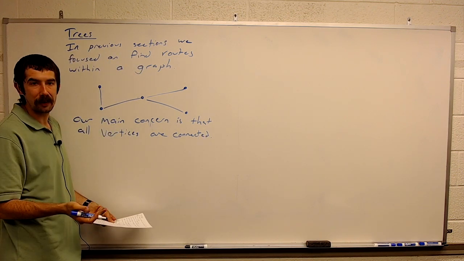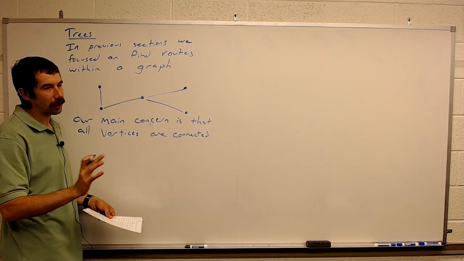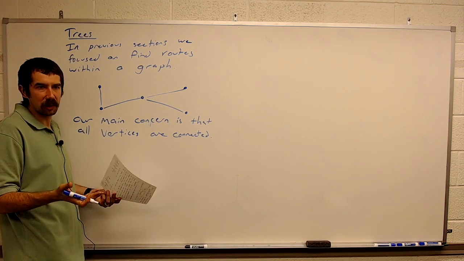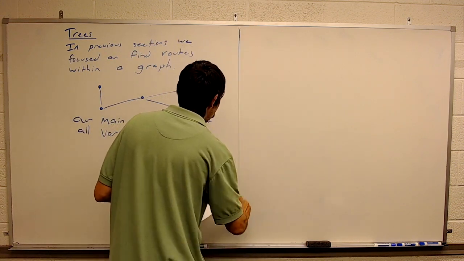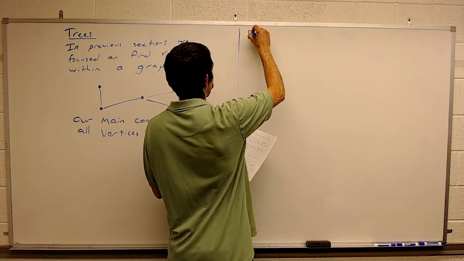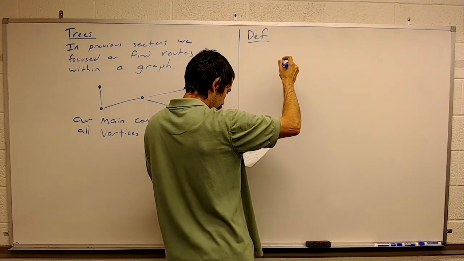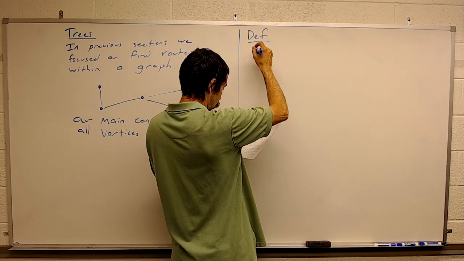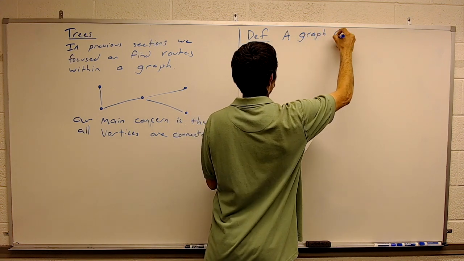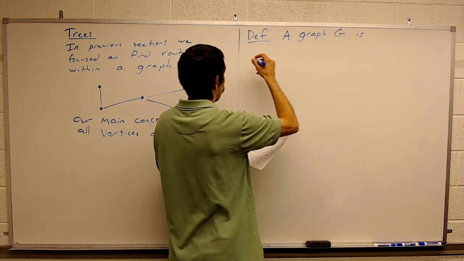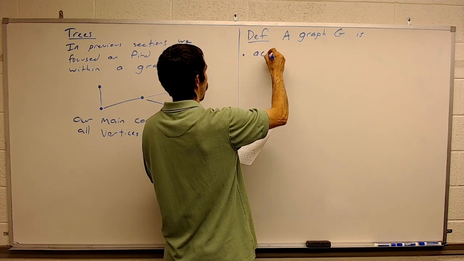And this type of graph is going to be called a tree, because when we start looking at trees, they do kind of look like trees. All right, so let's define what a tree is. A graph G is called acyclic.